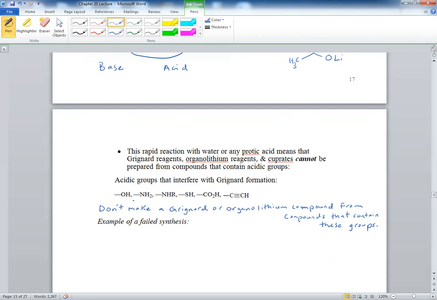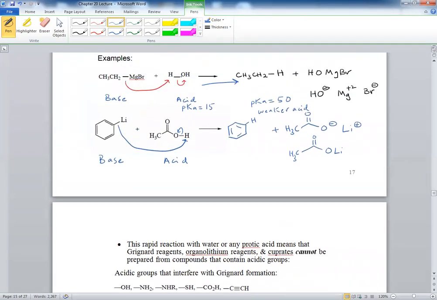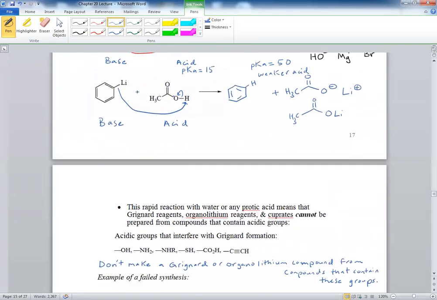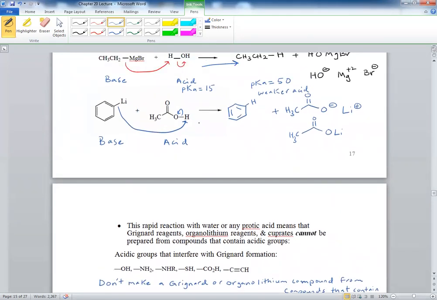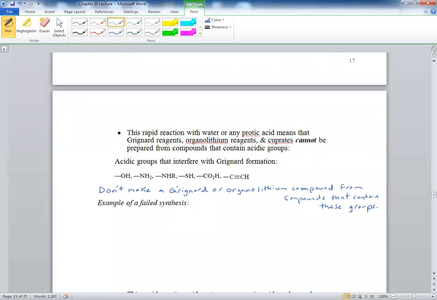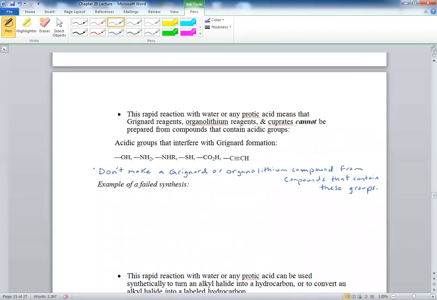OH, as in an acid like the carboxylic acid, even water can act acidic, sulfuric, nitric acid, etc. NH2, amines, sulfides, etc. Do not make a Grignard or organolithium compound from compounds that contain these groups, because you will end up with what we call a failed synthesis.